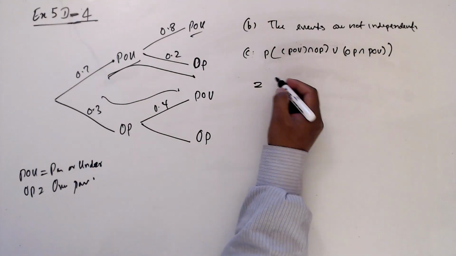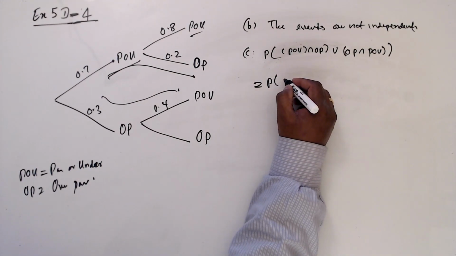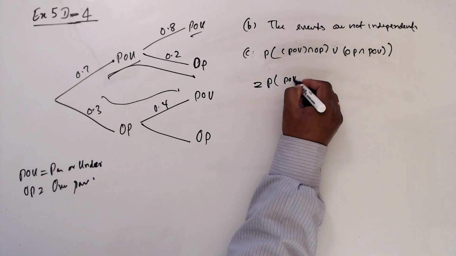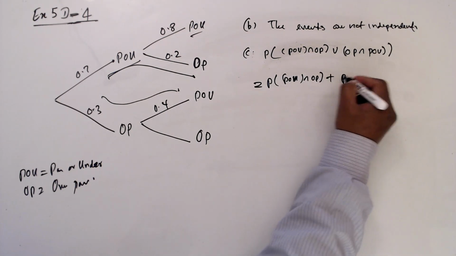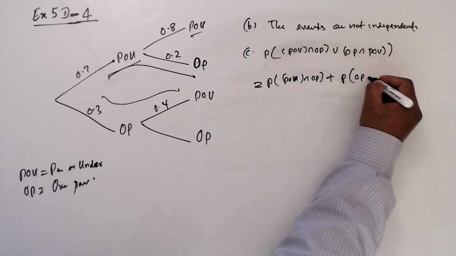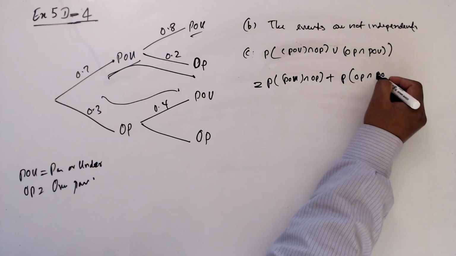So this value is probability of POU intersection OP plus probability of OP intersection POU.